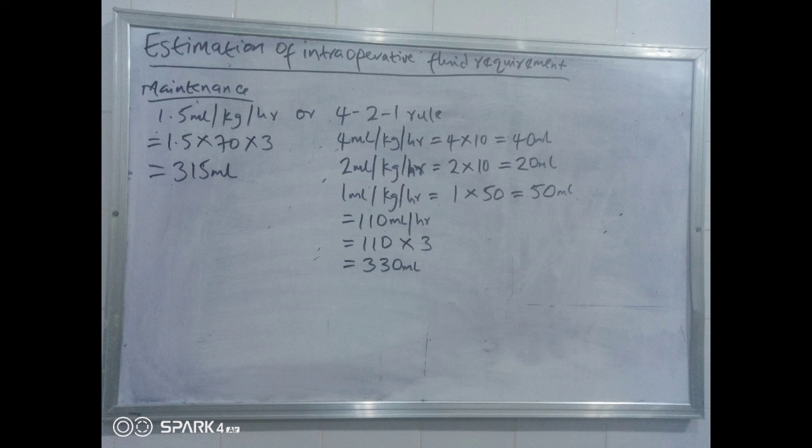While using the 4-2-1 rule, we'll multiply 4 times the first 10 kg, giving us 40 ml. 2 by the second 10 kg, giving us 20 ml. And 1 by the rest kg, which is 50 kg, giving us 50 ml. And then we sum up all the values gotten, which is 40 ml plus 20 ml plus 50 ml, giving us 110 ml per hour. And we have said the surgery is for 3 hours, so 110 times 3 will give us 330 ml.